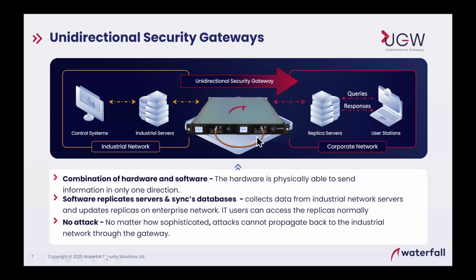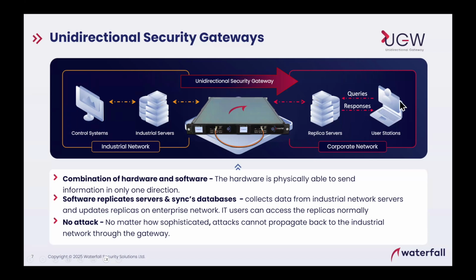You can send from the OT network out to the world. You cannot send anything back. There's physically no laser in the receiving circuit board. So you send information one way and you make copies of servers. You log into a Pi server, an OPC server on the industrial network. You ask it for all of its data or everything new since the last time you logged in. You push that snapshot through and you stand up an OPC server or an enterprise Pi server on the outside network.